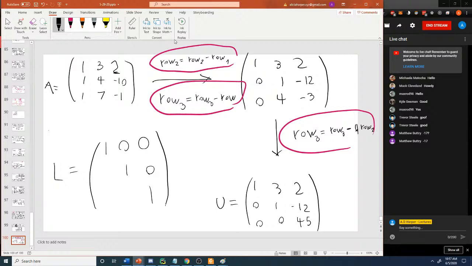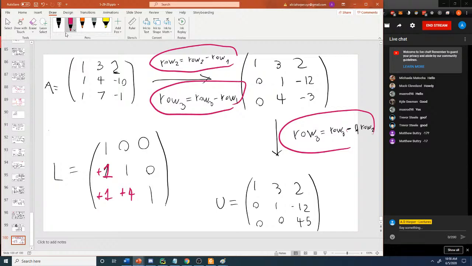And because I subtracted row 1 from row 2, I'm going to put a positive 1 here. And because I subtracted row 1 from row 3, I'm going to put a positive 1 here. And because I subtracted 4 times row 2 from row 3, I'm going to put a positive 4 here. And this gives me an L, and I have a U.